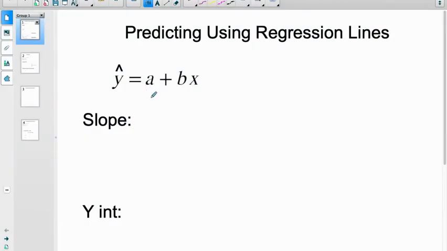We are going to cover the big ideas for section 3.2. So we're going to be predicting using regression lines in 3.2 using this equation. So we have y hat, so we're predicting y.